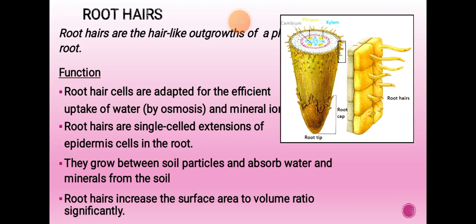On the other side we have the image that's present in front of you. Here we can see a yellow part which is showing the root hair. This is how root hairs look, a pictorial representation of root hairs.